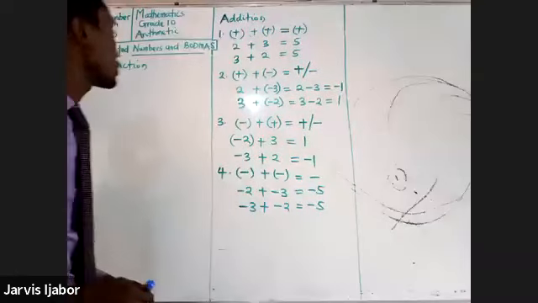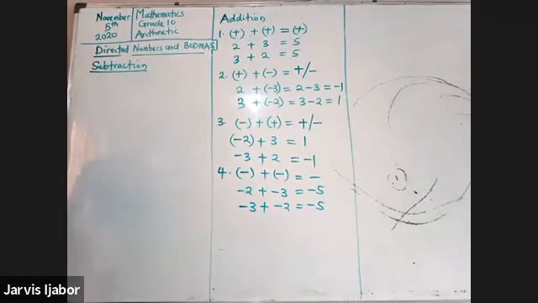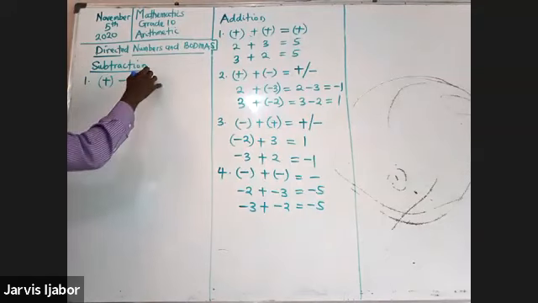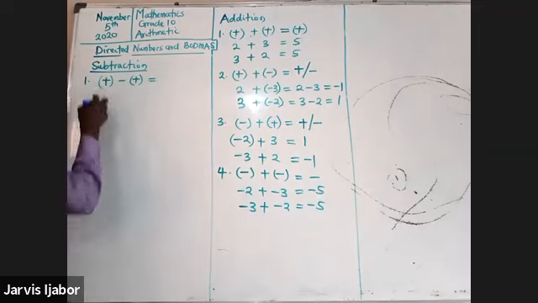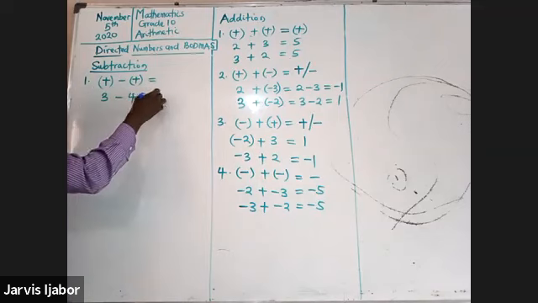All right, so let's continue. Now we go to subtraction. Now we'll take the first case. We have a positive number minus another positive number. What would it be? We still go with our example, but maybe this time around I'll use 2 different numbers. Let me use 3 minus 4.